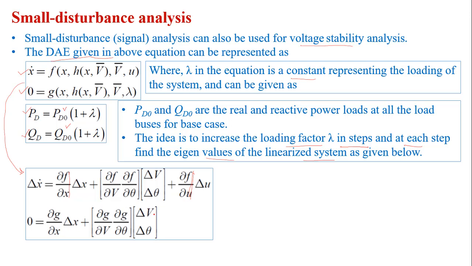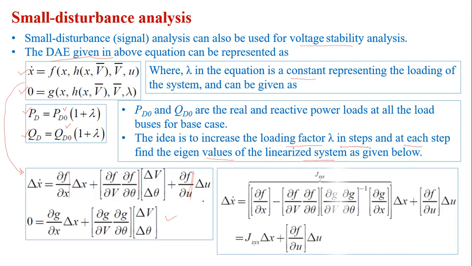Similarly, the algebraic equation is also linearized. Now we merge it. If I find delta v, delta theta in terms of delta x from this equation, then I can substitute in the first equation, and I'll find delta x dot is this equation.